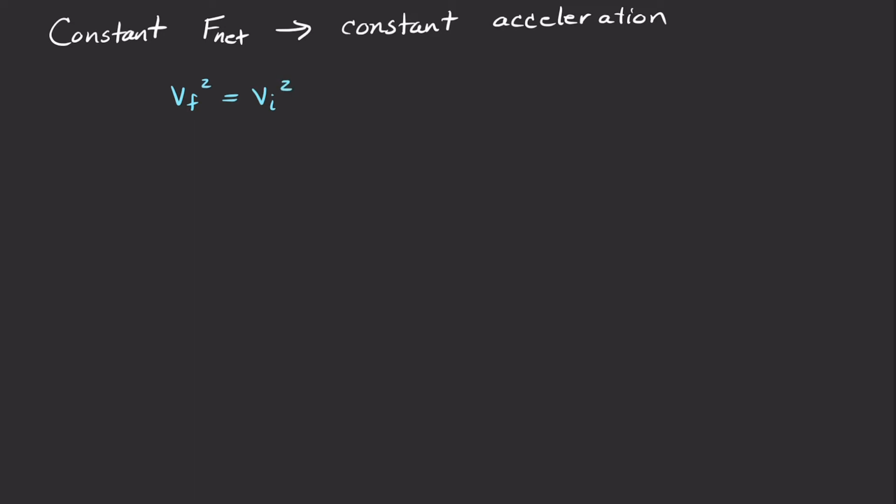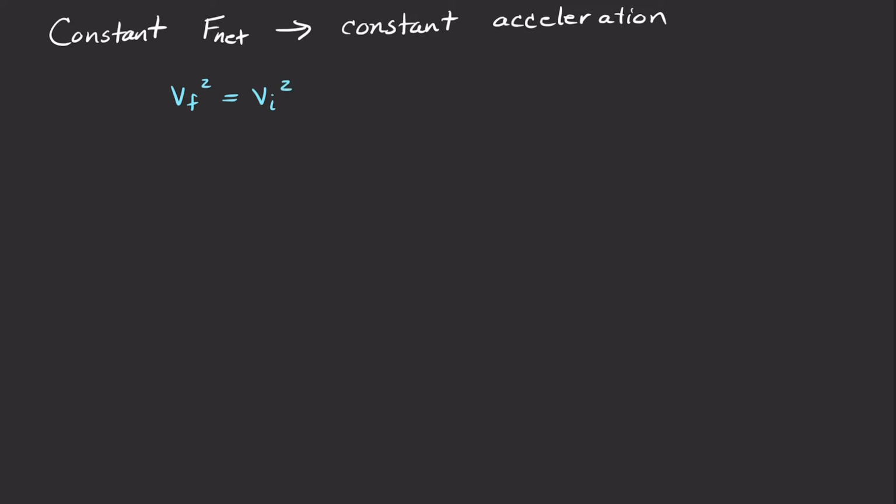If we have a constant net force, so write F net, this means that there's going to be a constant acceleration. So we've been looking at the work done by constant forces. So a constant net force will lead to a constant acceleration. So that means we can look at our constant acceleration or kinematic equations.